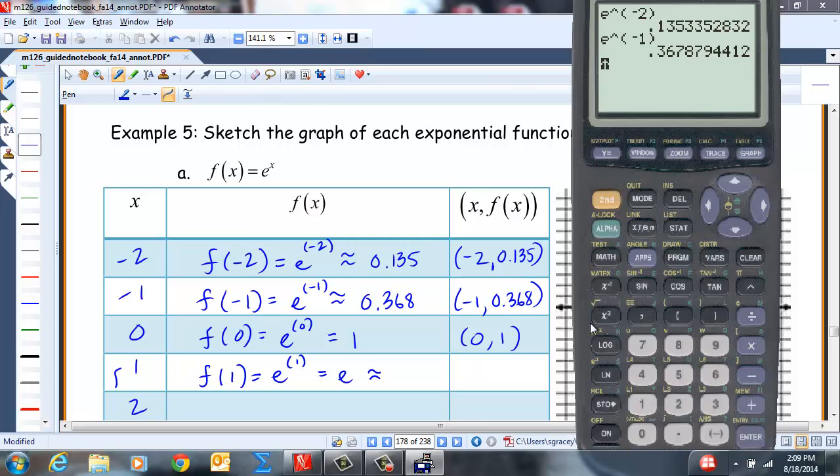So second e to the 1, going to 3 digits, you get 2.718.